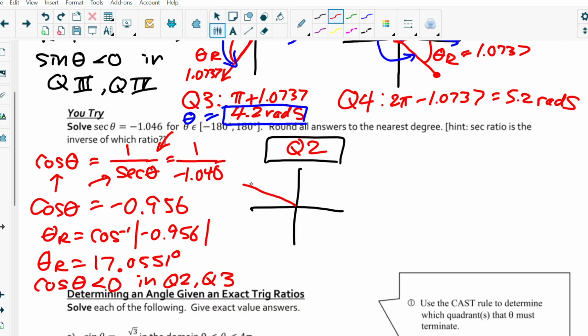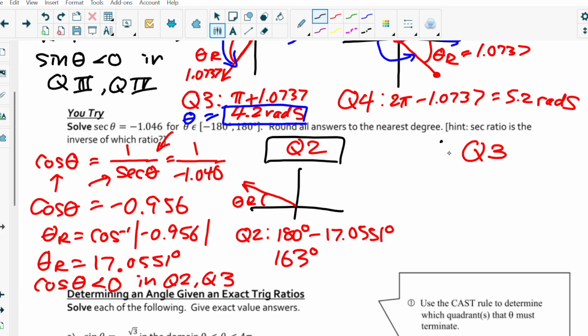In quadrant 2, this is my theta r. So in quadrant 2, that's 180 degrees minus 17.0551 degrees, and to the nearest degree, that is 163 degrees.